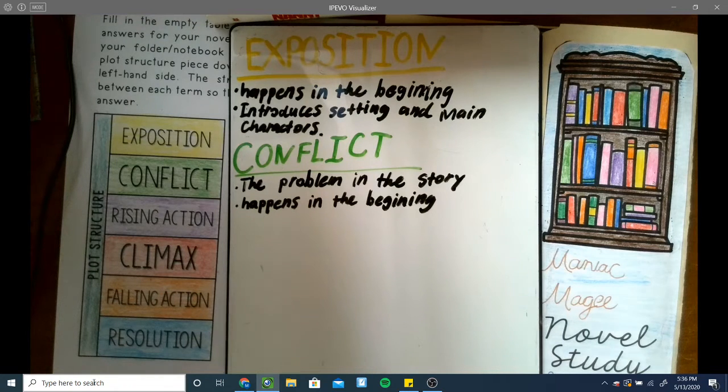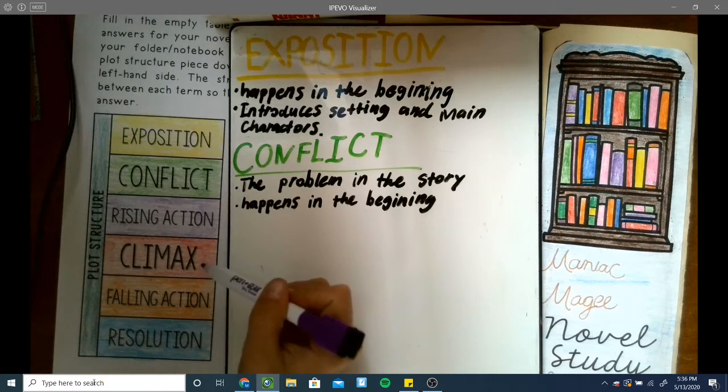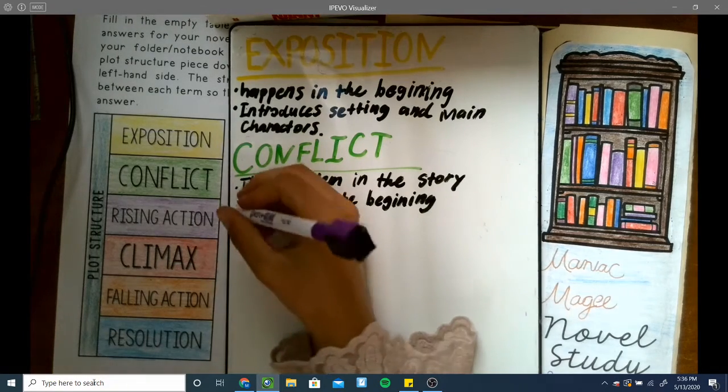So the next one is rising action. Now, rising action occurs when there's a lot of events that build up to the climax of the story.